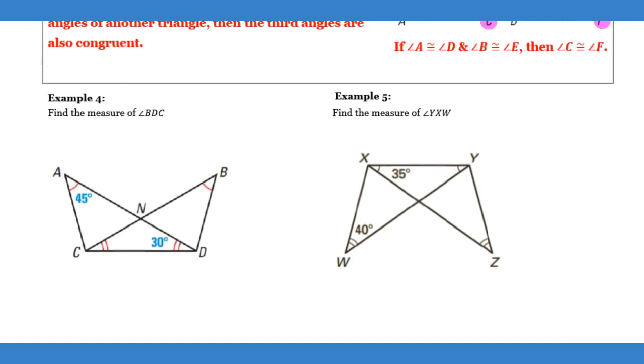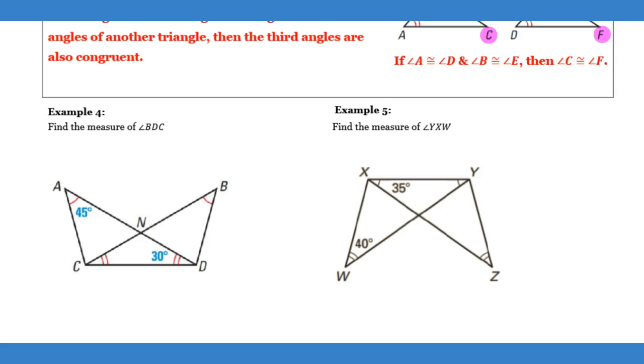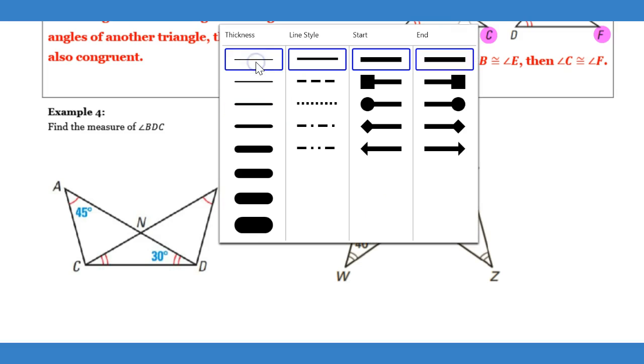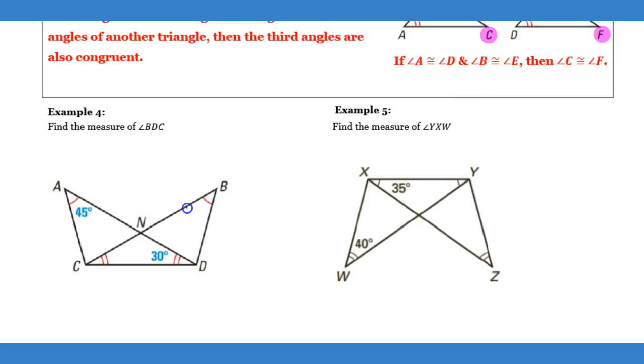So if I'm looking at example 4, I want to find the measure of angle BDC. I'm hoping you can see my 2 triangles that are overlapping. This is 45 degrees, which means that this is 45 degrees, because those lines tell me they're congruent. And this is 30 degrees, which lets me know that this is also 30 degrees, because those angles are congruent.